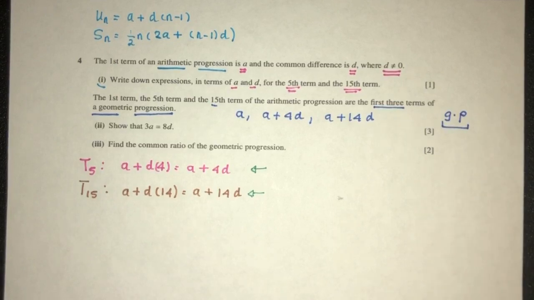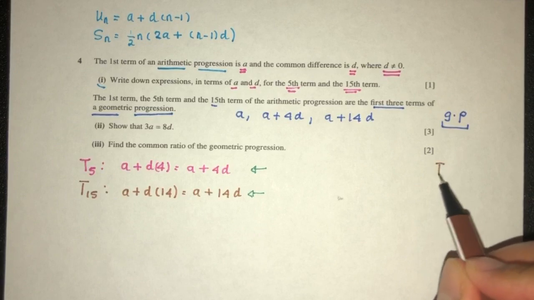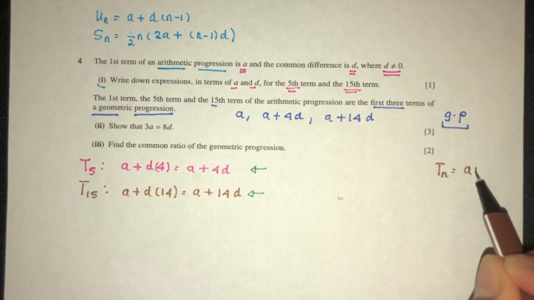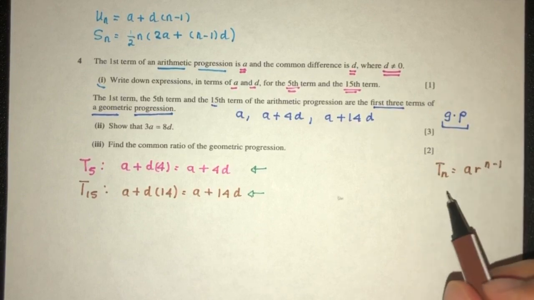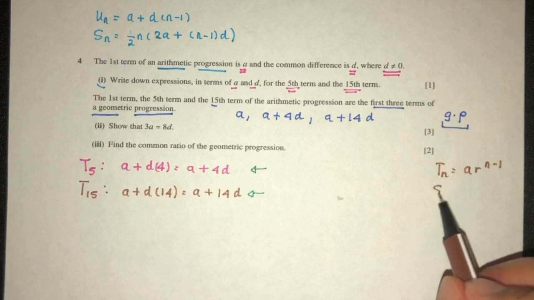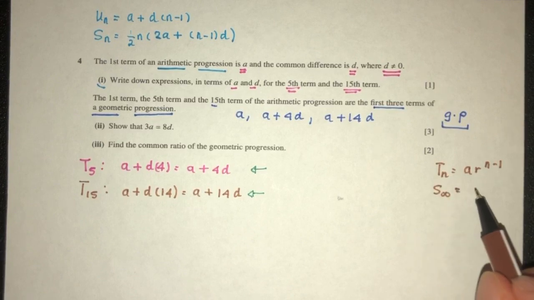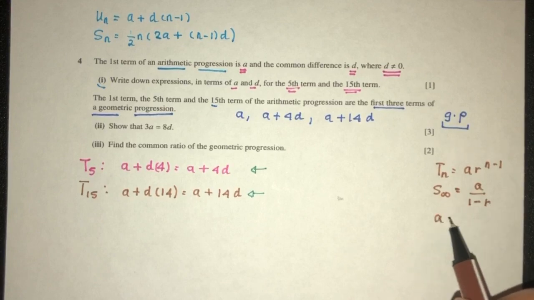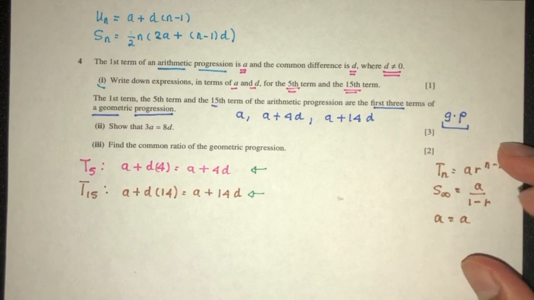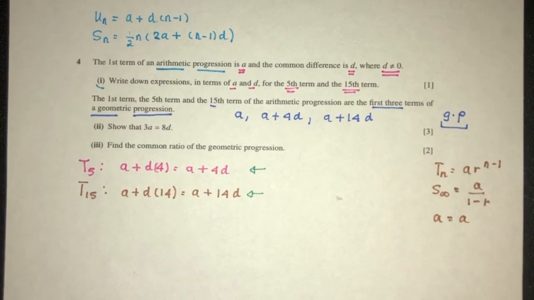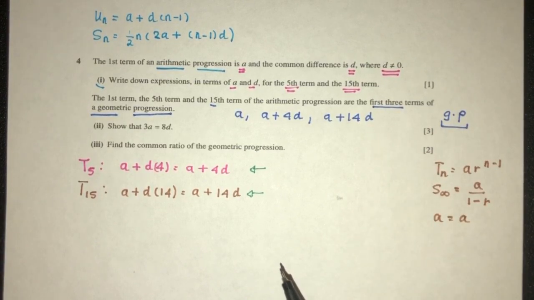Now GP, let me first write down all the formulas we know for GP. So we know the nth term is given to you by a r to the n minus 1. Then we know the sum to infinity given to you by a over 1 minus r. And the first term is obviously just a. That is for GP. Again, this is given to you as well in your list, so you don't need to worry about those. But it's always best to write this down for now, and then you can use that directly to find your following values or the answers.